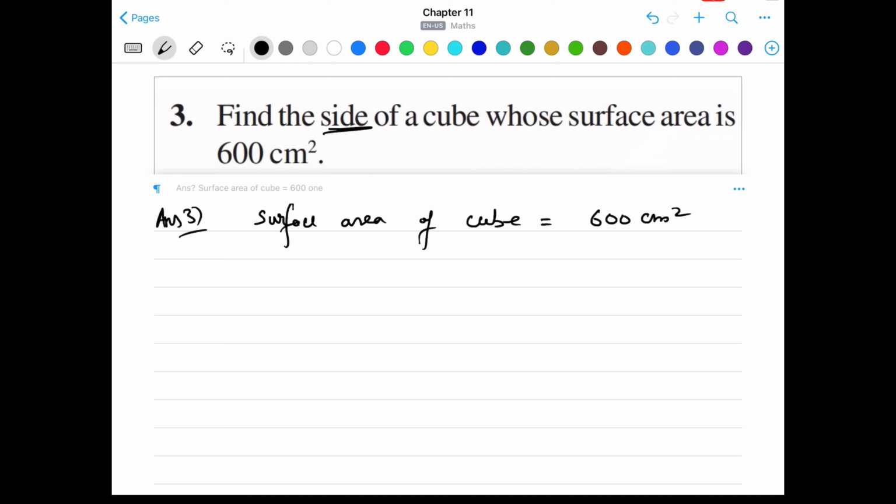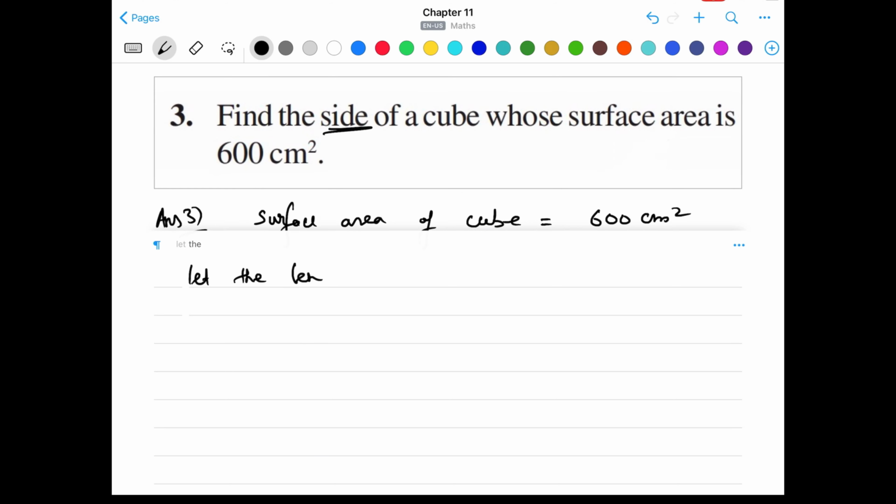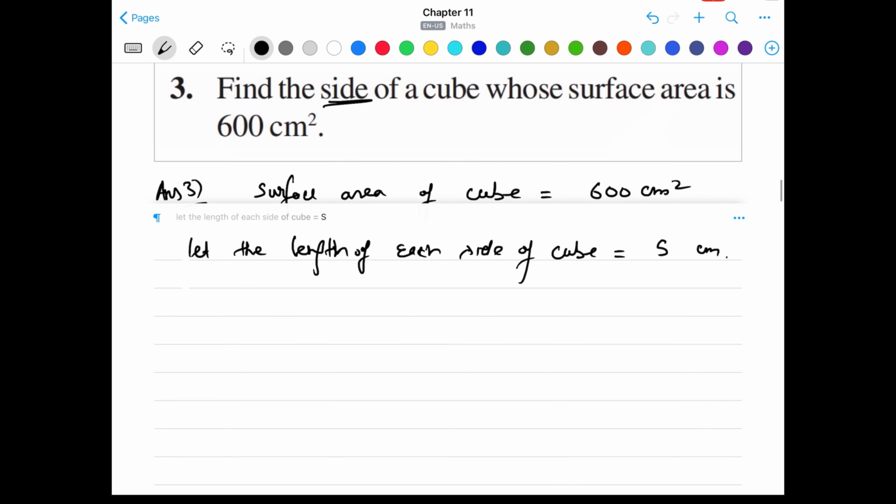So let's first consider its side to be s centimeter. Let the length of each side of the cube be s centimeter.